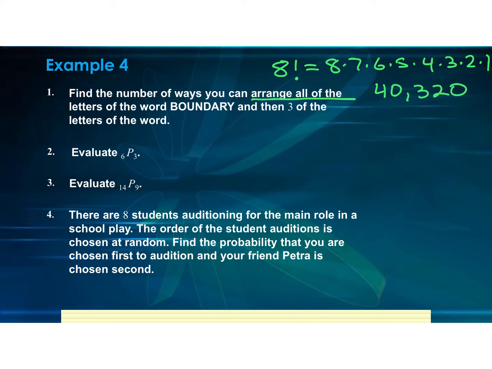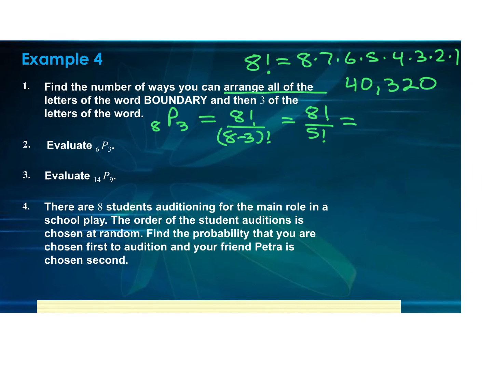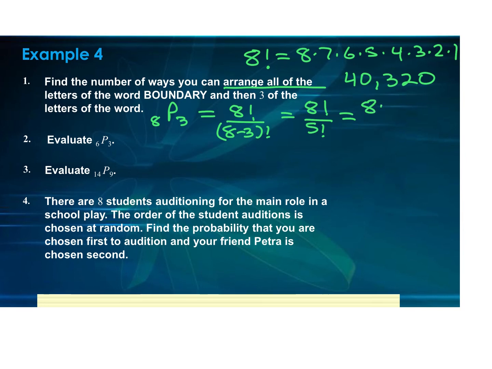40,320. Now choosing 3 letters at a time, that's going to be my n value will be 8. My r value would be 3. 8 factorial over 8 minus 3 factorial. 8 factorial over 5 factorial. And again, expand it. I'm only going to take the 8 down as far as the 5.